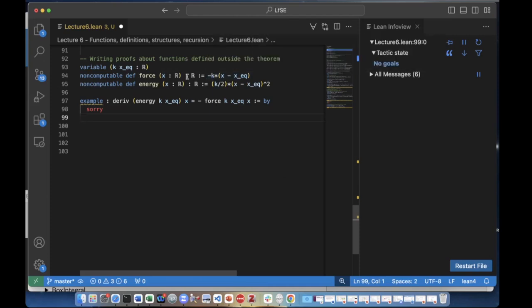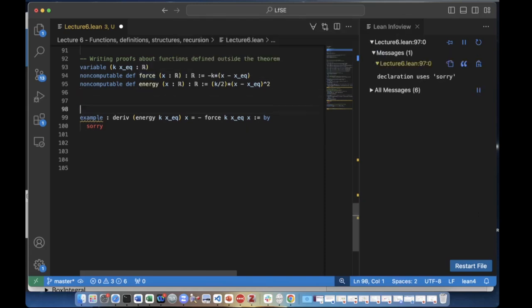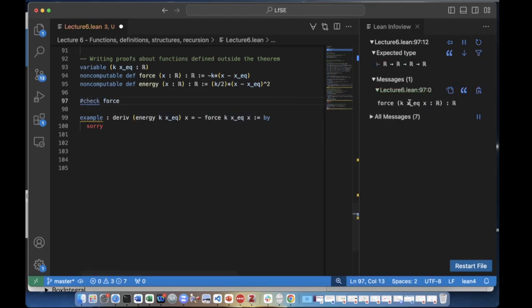And if I put my cursor over force, you can see the type that it has. K, xeq, and x are all real numbers, and it maps those to a real number. So we could do a check on force. Here is the type. R to R to R to R. There we go. That's the biggest one we've done so far.